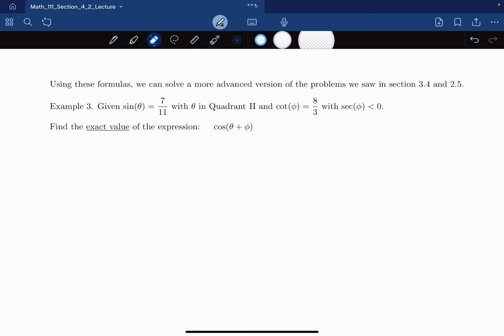Okay, but as always, we're going to start off with a numerical expression. So over here we have two givens really. We've got sine theta equals 7/11, with theta in quadrant 2.